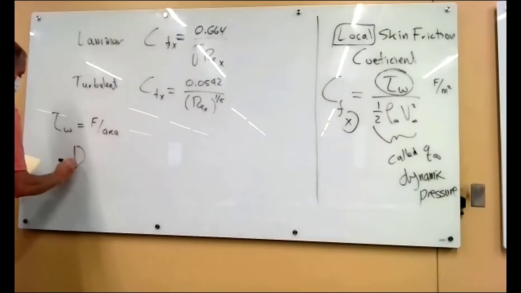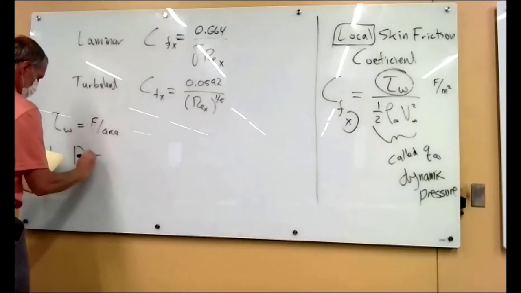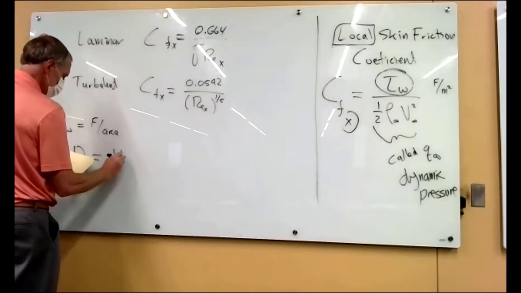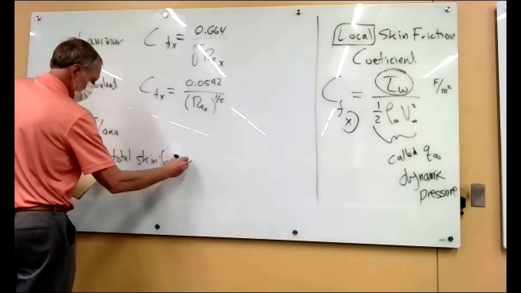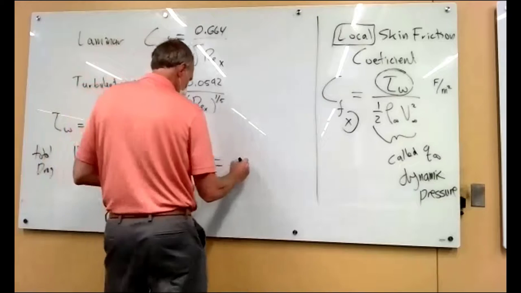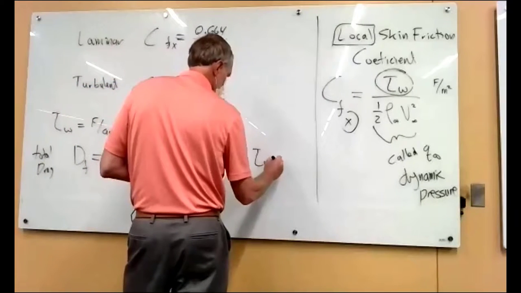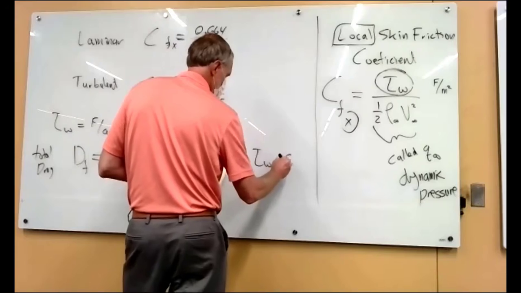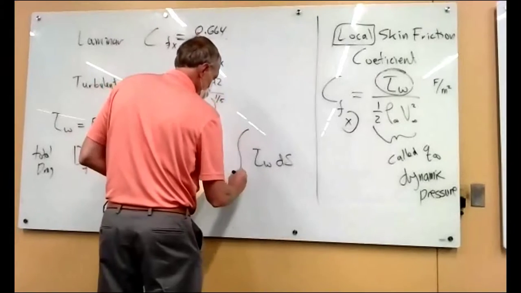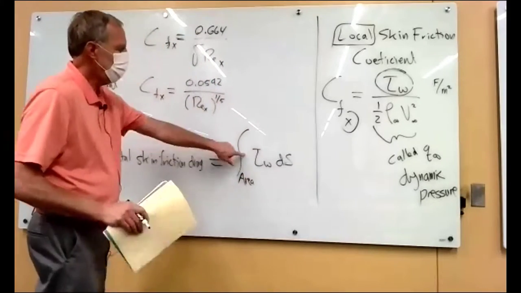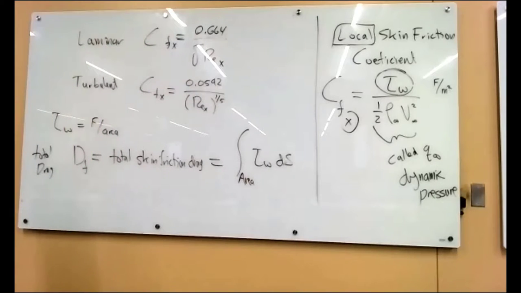And so if we want to calculate the total drag due to the skin friction, we simply add up all the tau sub walls multiplied by the area at that location. And we do this for the whole area, so that's just an integration, because tau changes with position. So we take the tau times its little area, next area, all of the different taus, and add them up, and that's just integration.